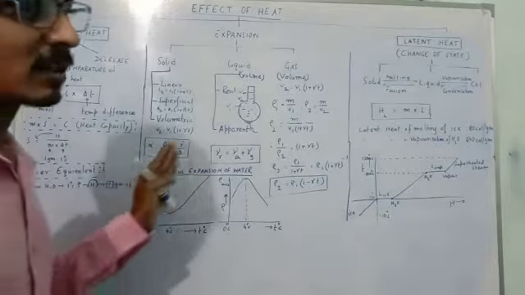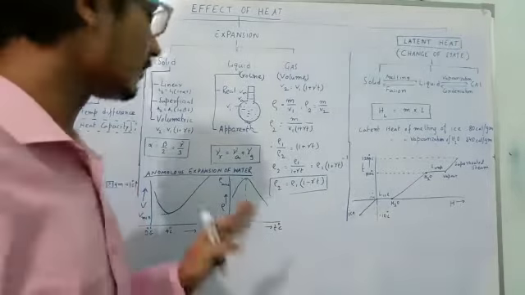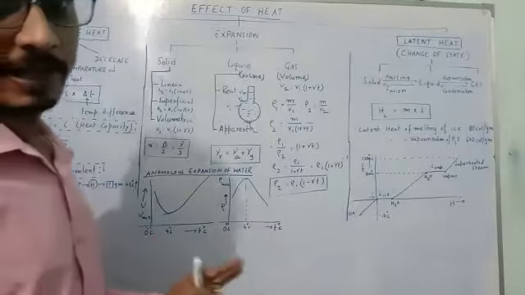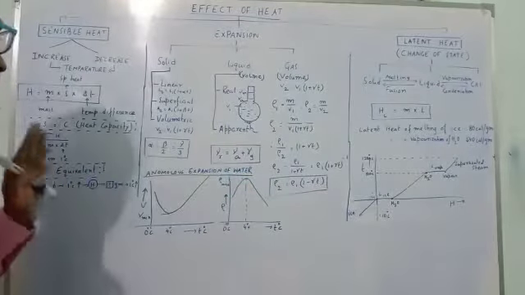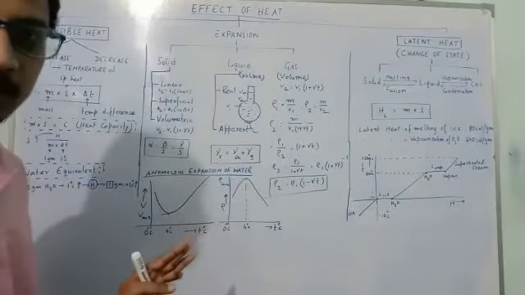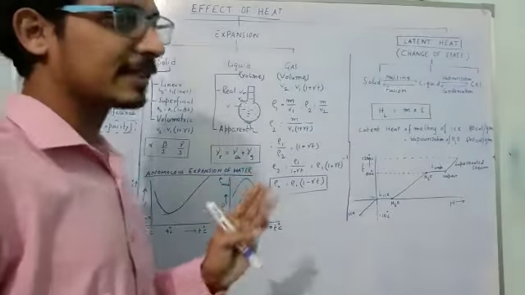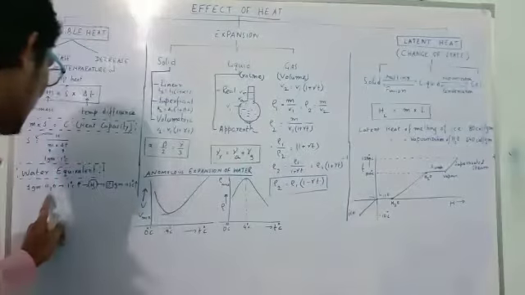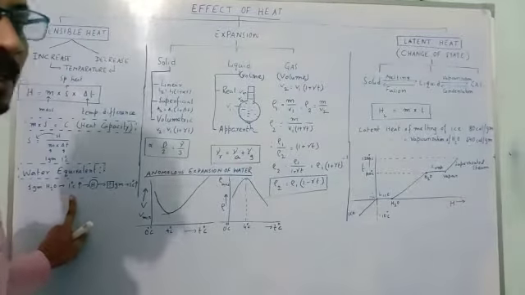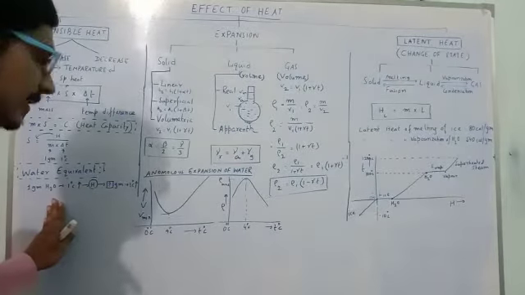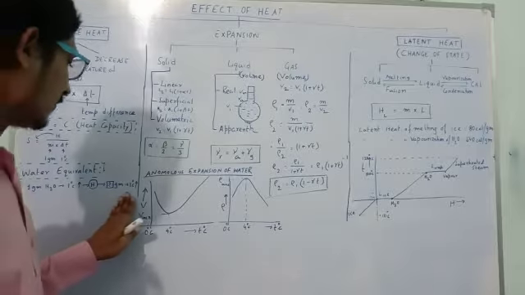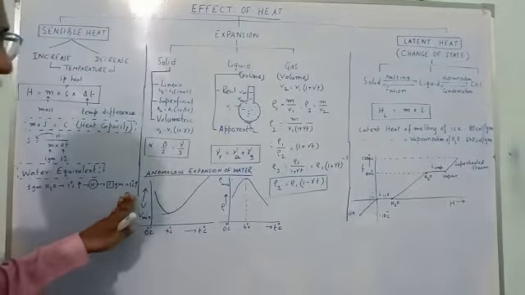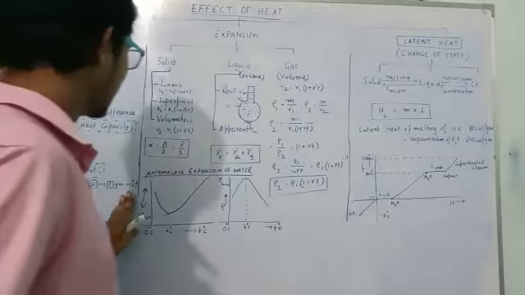We can define water equivalent as that quantity of heat required to increase the temperature of 1 gram of water by 1 degree Celsius, and that quantity of heat can raise the temperature of the certain object by 1 degree Celsius.